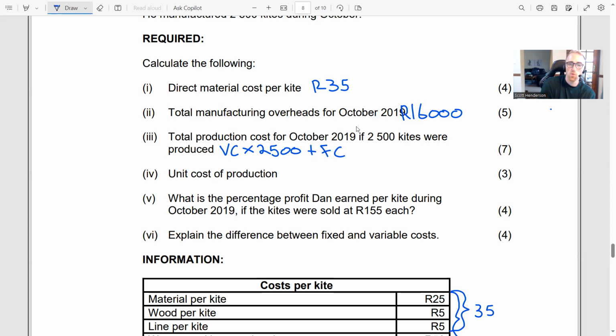And so we have already worked out that our fixed costs are 16,000. The variable cost is not 35. 35 is just the direct material cost. The variable costs in total, also called our prime costs, are our direct material and direct labor costs.